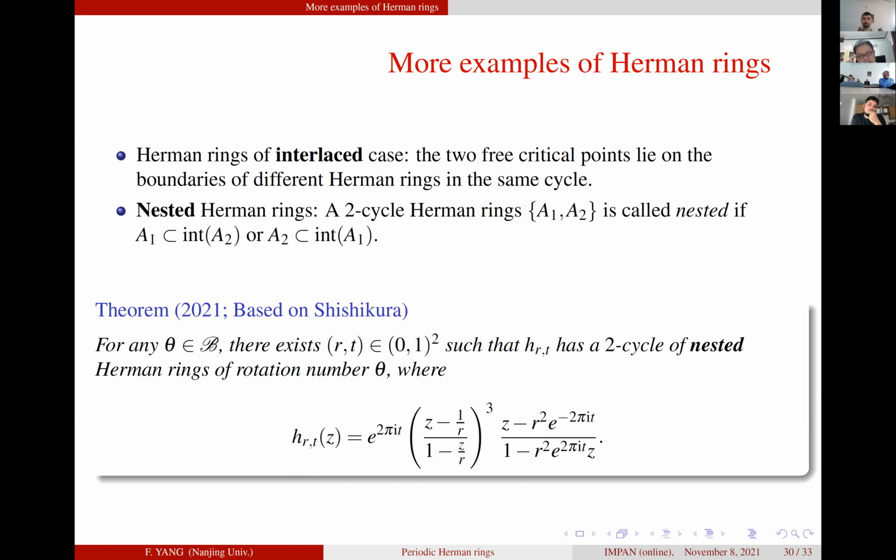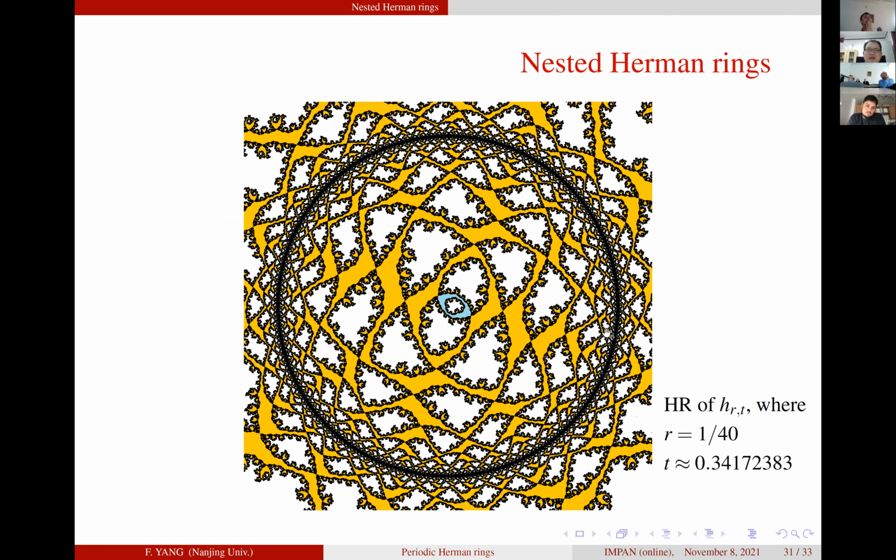And we can draw this picture like this. This Herman ring is very different from previous examples, because in previous examples, the Herman rings are surrounding the unit circle, but in this example, the unit circle is contained in the Julia set. This is the unit circle.